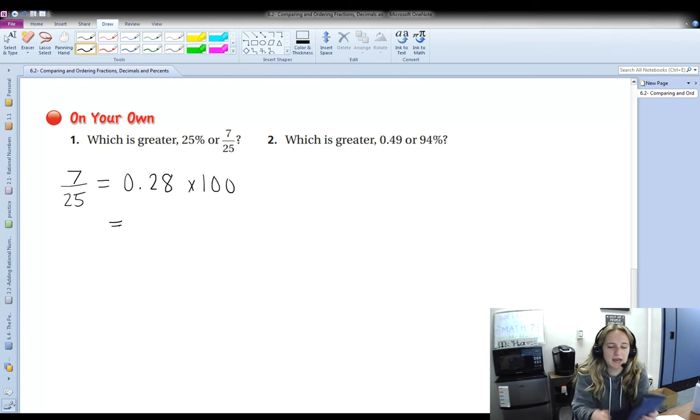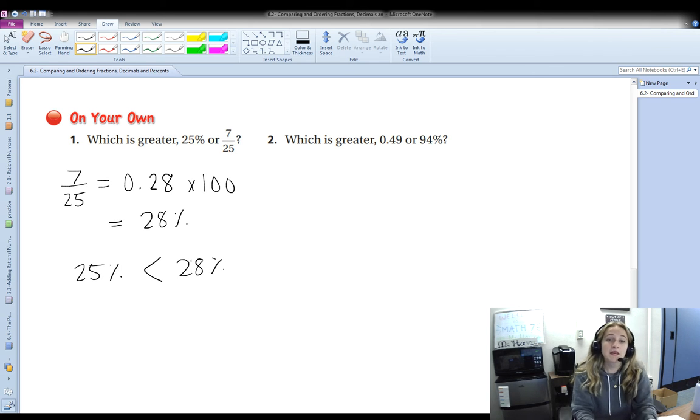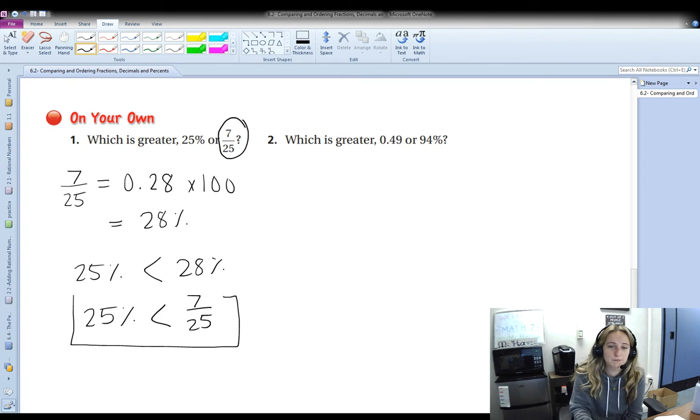I'm just going to multiply by 100 to make it easier, and that gives me 28%. When I compare 25% and 28%, I know that 28 is bigger than 25. And remember, 28% actually started as 7 over 25. So I'm going to write it as 25% is less than 7 over 25. And that is my comparison for number 1.